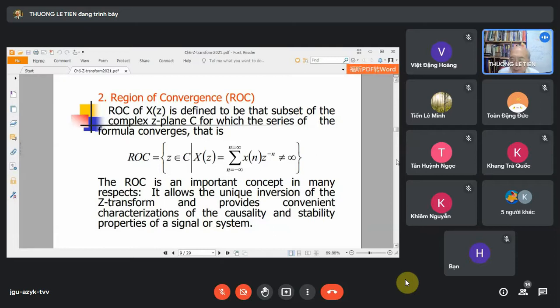Now, because from now on we mostly deal with complex functions or complex values, I want to make sure you still remember the basic meanings of complex functions and complex values.